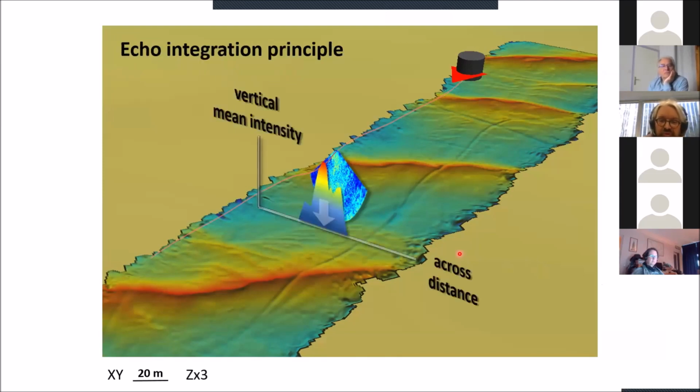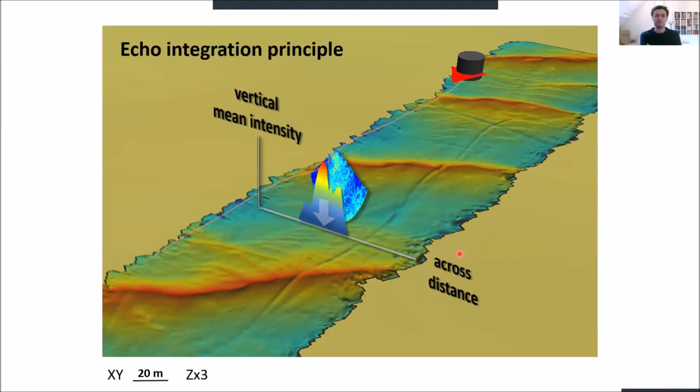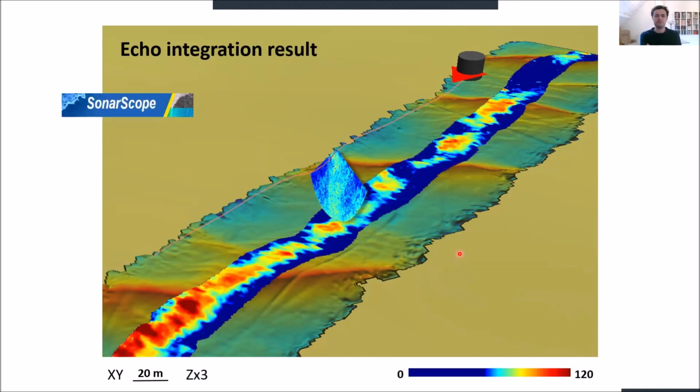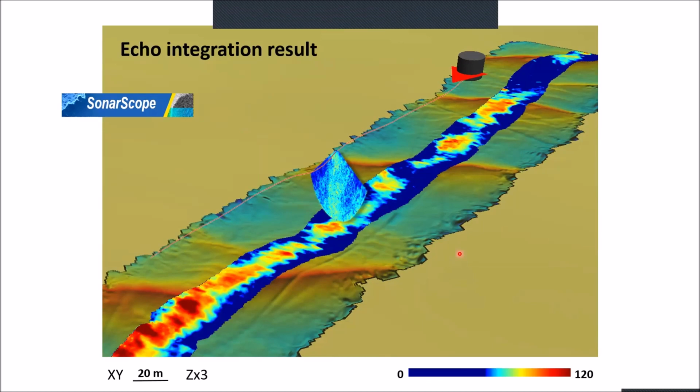We can project that on the seafloor, the echo integration, as we call it, and so we can get a good idea of the area that's impacted, the area where we see the sediment plumes. It gives us an idea of where we find the plumes and the importance of the plume, but there's not yet any real information on the internal build-up of this plume, the structure of it.